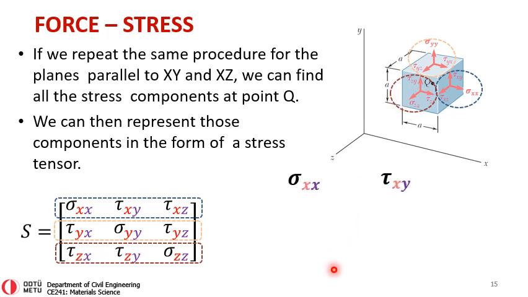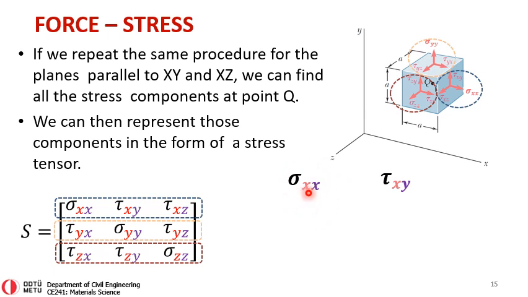Note that I have used a sign convention. I labeled the normal stresses as sigma and the shear stresses as tau. As I mentioned earlier, the normal stress sigma acts perpendicular to that cross section, and the shear stress acts parallel to it.